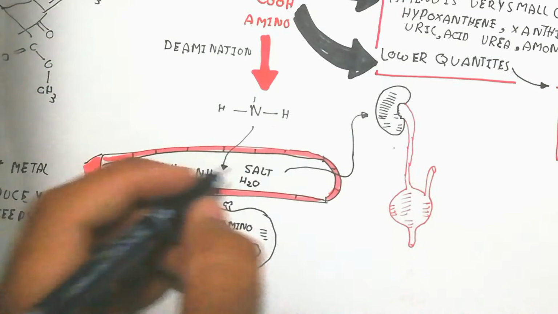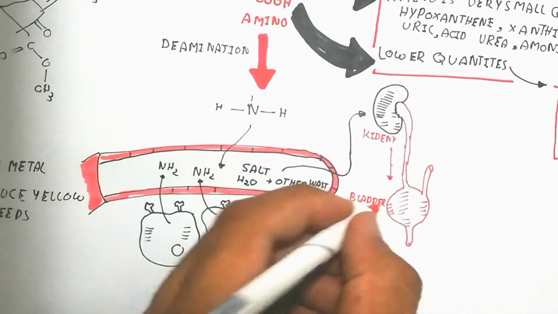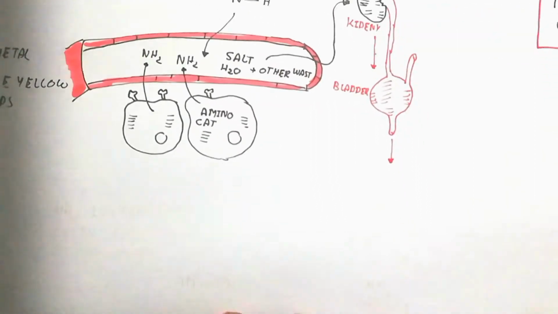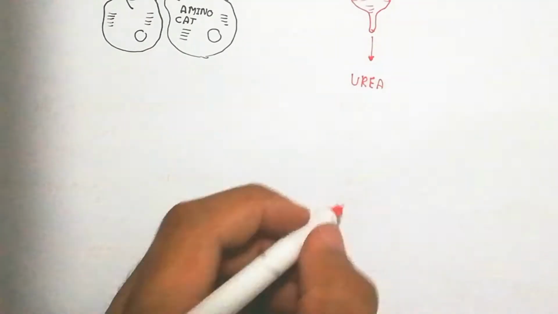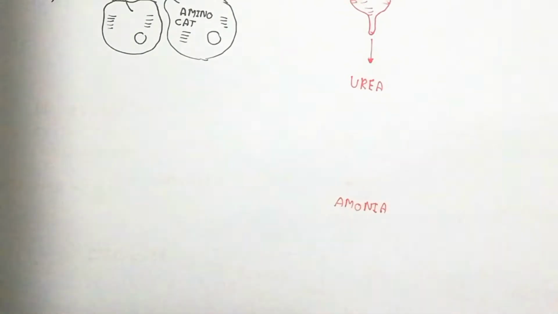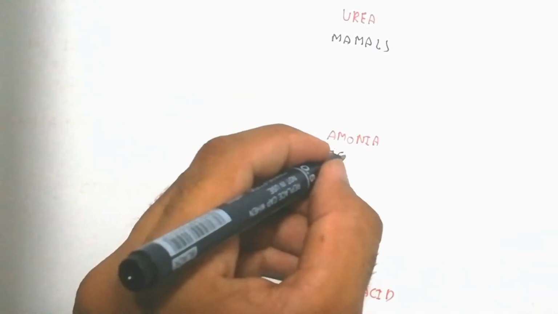That is urea in mammals, and ammonia in aquatic animals, because too much water is required. In the case of birds, which are terrestrial with low water quantity in their bodies, uric acid is produced.